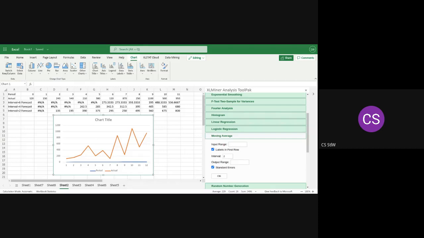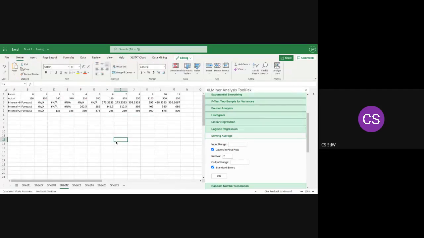So we are going to first start with interval 6, then move to interval 4, then move to interval 2. You can see it gives us that option. So let me just remove this.